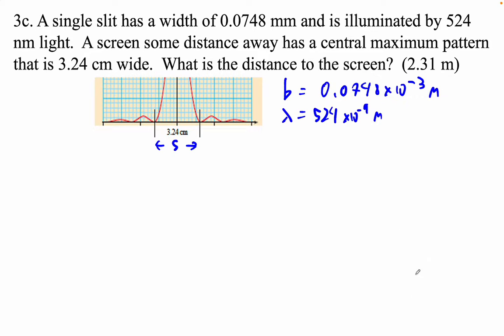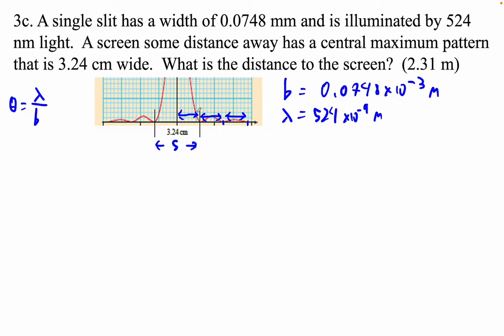Okay, so what you got to know about these patterns is that this to here to here. See these evenly spaced things? There's this distance on the screen, which represents an angle. That angle on the screen, this angle on the screen, those all have a width of lambda over b.